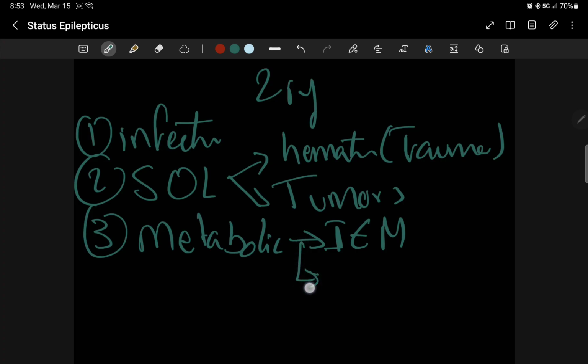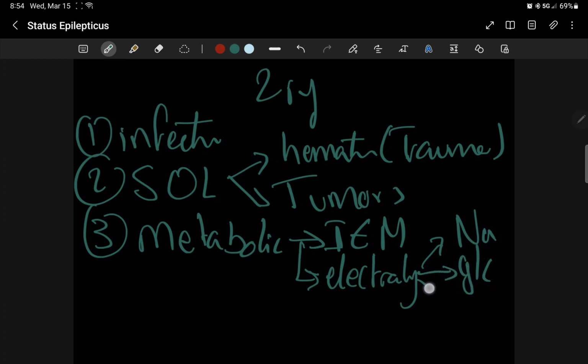Think of electrolytes. What would be the electrolytes more concerning for affecting the brain? So, sodium, glucose, to a lesser extent, magnesium. So, potassium will affect mainly your muscles and heart.